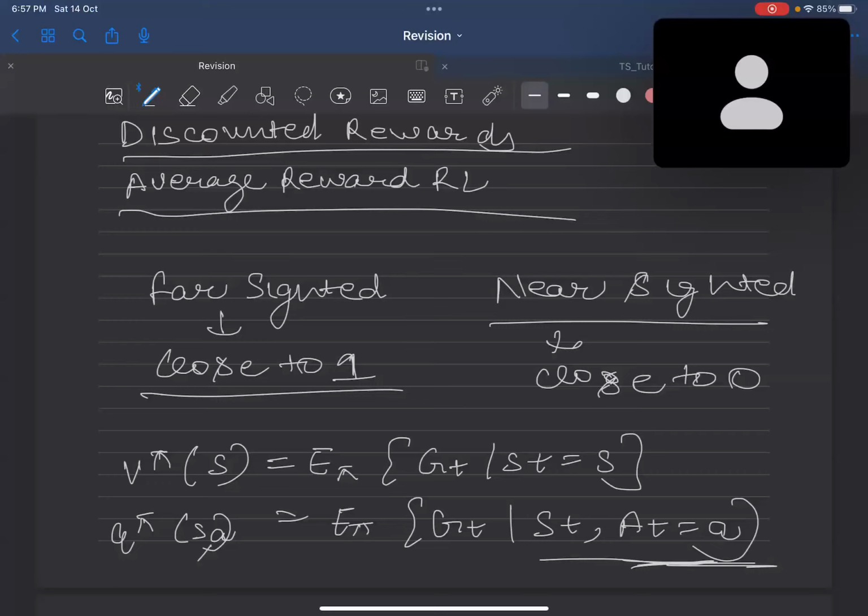Always value functions, whether V of S or Q of S comma A, can only be computed with reference to a policy, whatever it may be, something like a random policy or whatever it is. Yes. So can I say that even if we omit that symbol, it is assumed that V superfix pi is always there? Yes, yes. Okay.